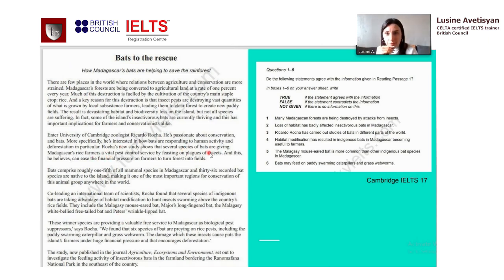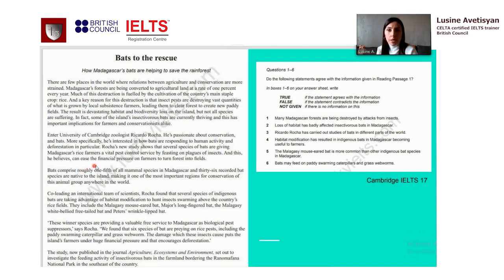So I've got here, more specifically he's interested in something. Madagascar's rice farmers, vital pest control service by feasting. It's saying that several species of bats are giving rice farmers a vital pest control service. They provide sort of pest control service to farmers, which is vital, which is significant, which is very important.